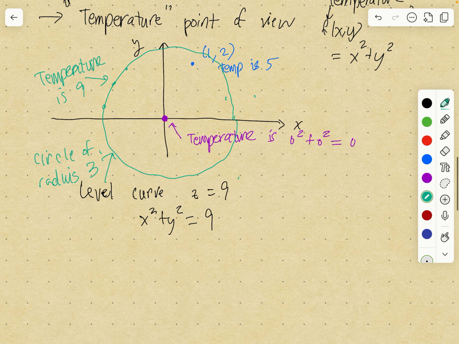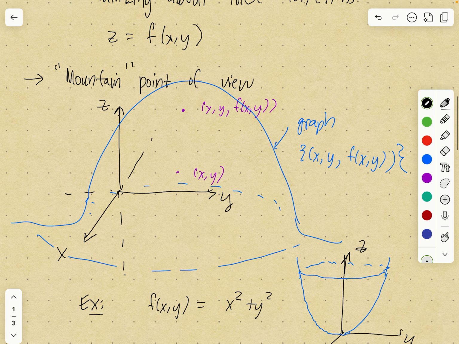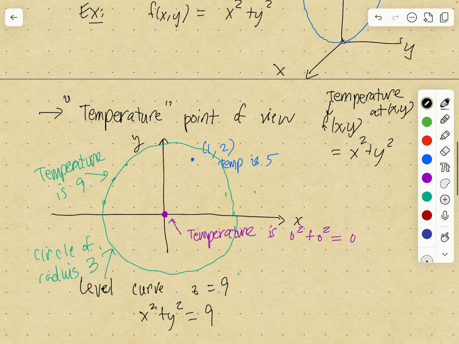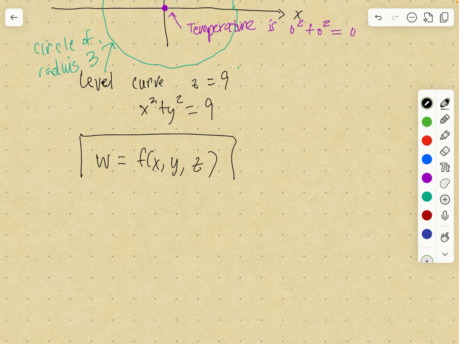So this point of view, the mountain and temperature points of view, are helpful when you have a function of 2 independent variables. However, when you have a function of 3 independent variables, the mountain point of view is not good.